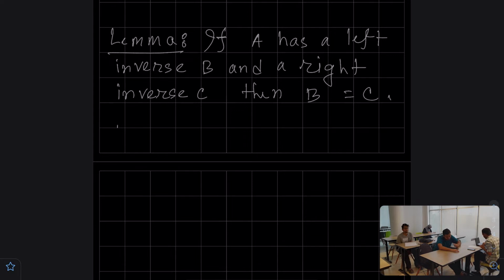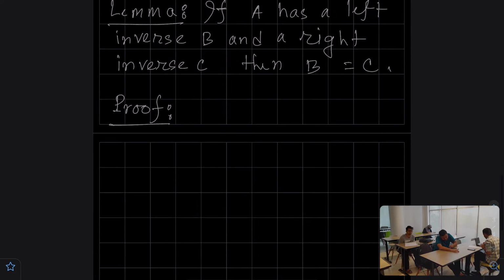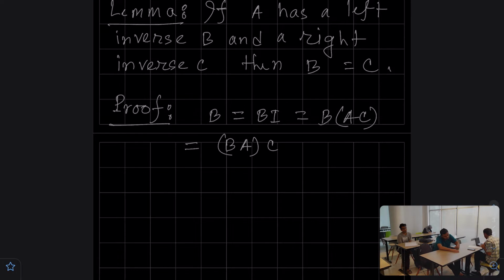So the proof is very simple actually. Consider B. B equals BI, and since C is the right inverse of A, I can write it as B times AC, which is BA times C, and BA is I, and I times C is C. Now tell me, what rule did I use here?